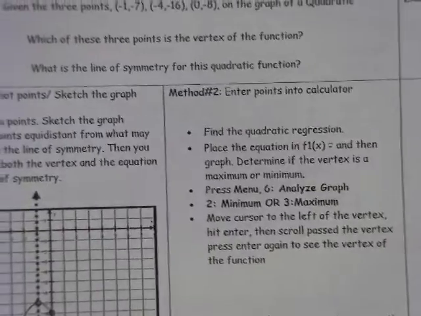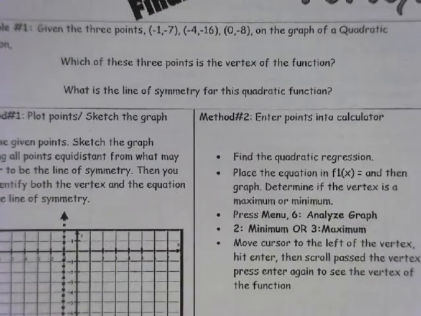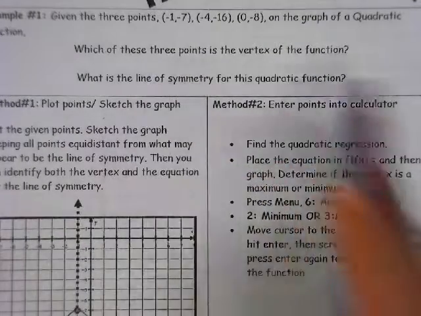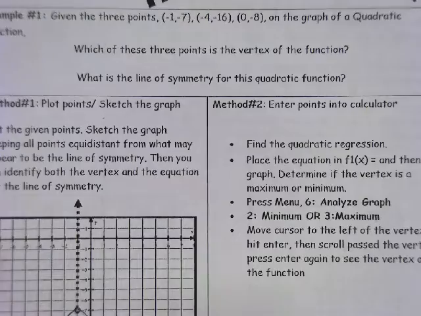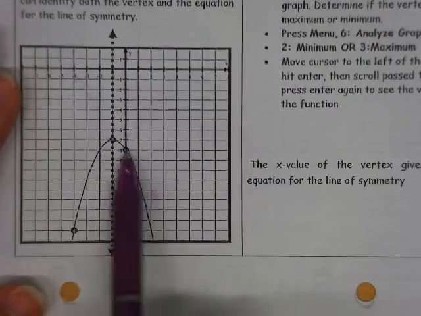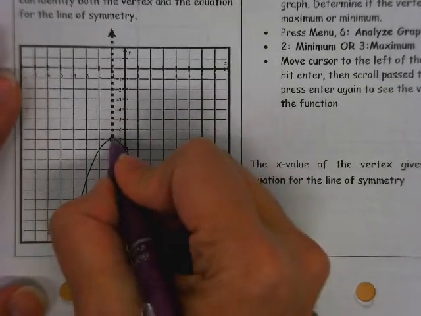On the back, we have finding your vertex. Again, very similar to finding your roots. They give us 3 points. Which of these is the vertex? Well, and what is the axis of symmetry? Well, you're going to have to graph those. You can graph those if you've been given a graph. You can see right here, negative 1, negative 7.